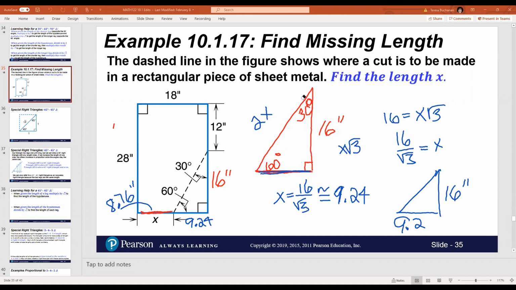If this is the longest side, the shorter side is 9.2, 2 times that for the hypotenuse is 18.4. And if you check that in Pythagorean theorem, it's off a little bit. The 18.4 squared doesn't quite match those two squared and added together.